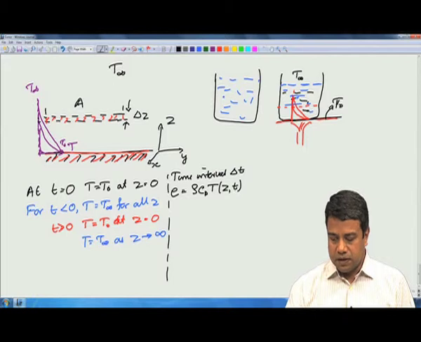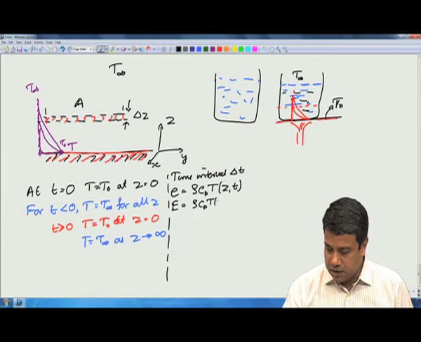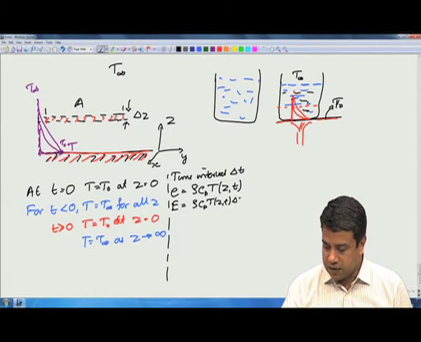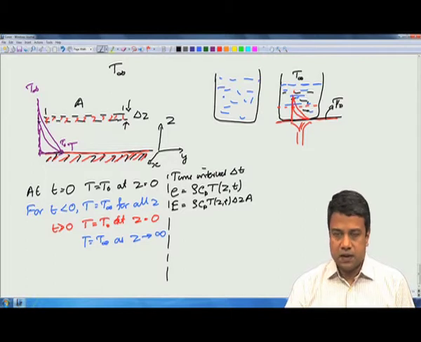This is the energy density times the volume, which is the total energy. Therefore, the total energy is rho Cp T at z and t times the volume. The volume is delta z into the cross sectional area A. So that is the total energy within this differential volume.